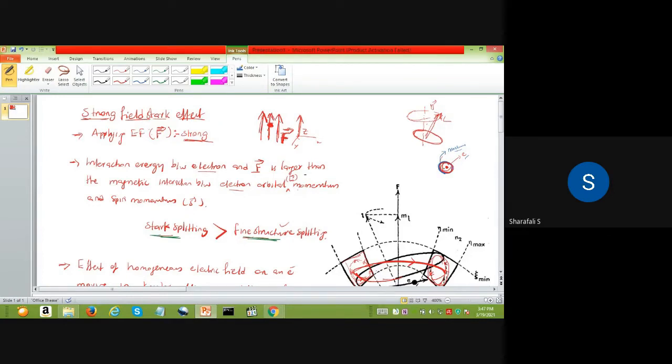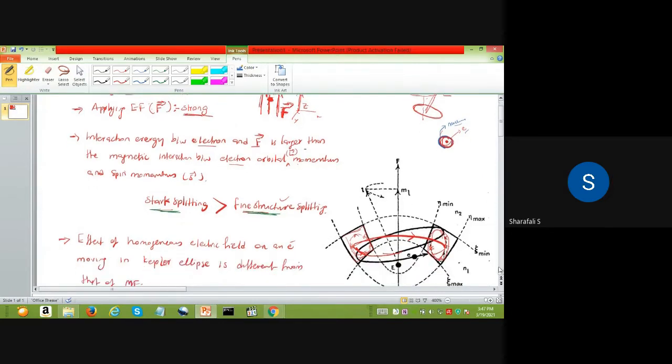If you apply an electric field, the electron experiences a force, and the trajectory of the orbit will be different. It will change the center of gravity of the electron, and the two will separate a little bit.